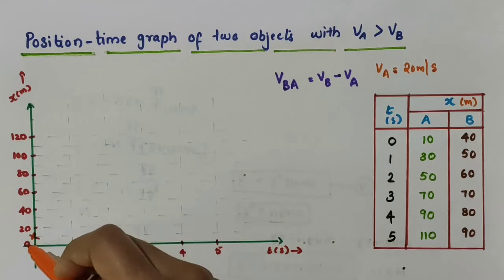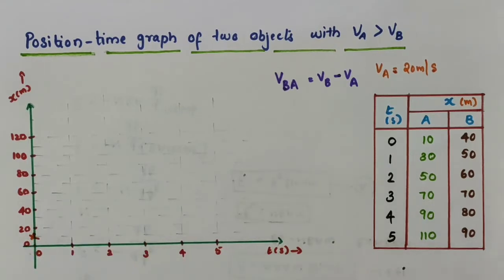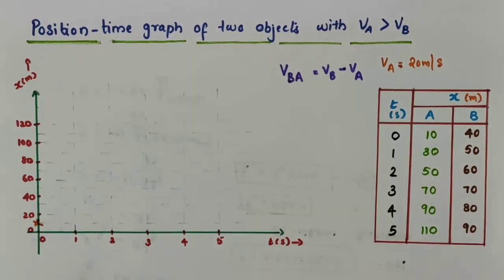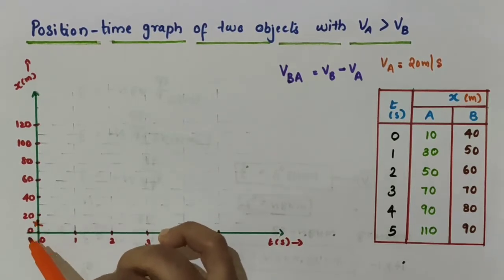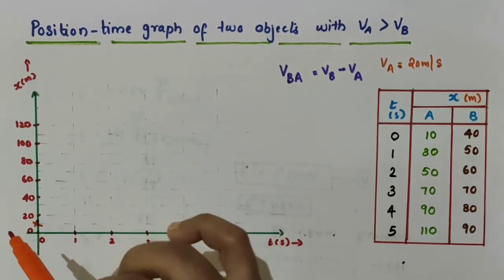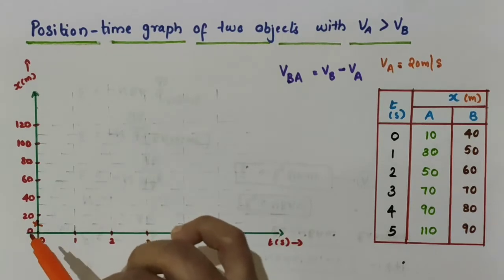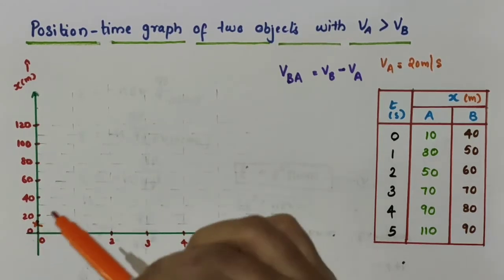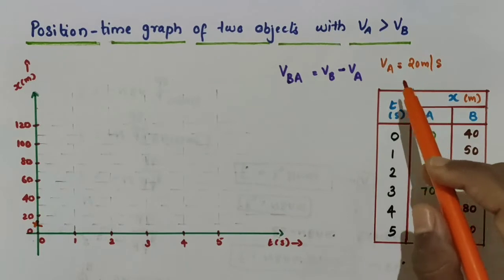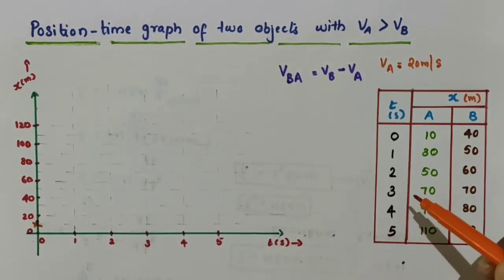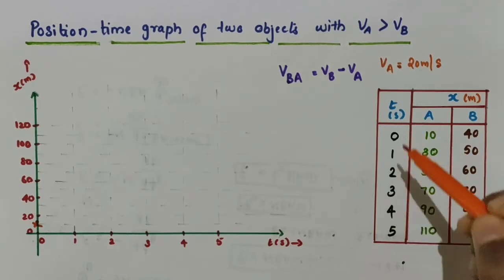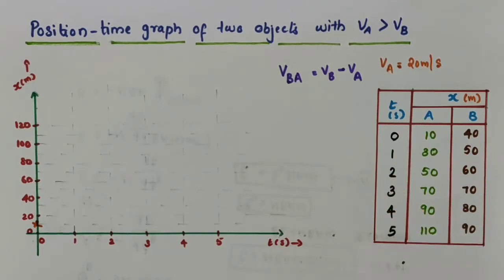This is 0 to 20, so the middle point will be 10 meters away from the origin. The object A moves uniformly with an average velocity of 20 meter per second. Its positions at different times are given in this table.